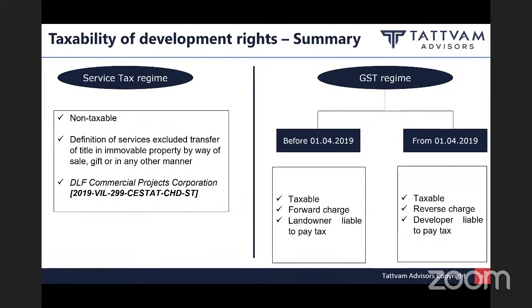So this is a point which we all have to keep in mind, that the amount which is received by the landowner is not only towards development rights, but also towards the land which is ultimately conveyed. And there cannot be any tax liability on the conveyance of the land. So we have to bifurcate this amount into development right consideration as well as the consideration towards the sale of land.